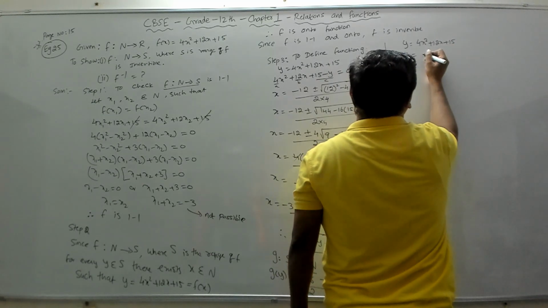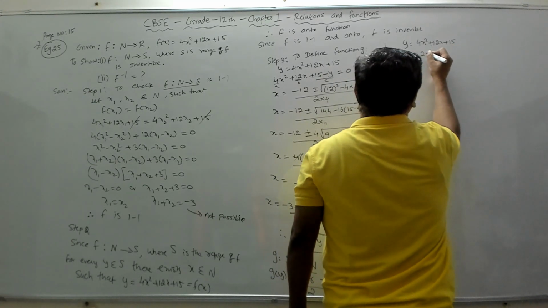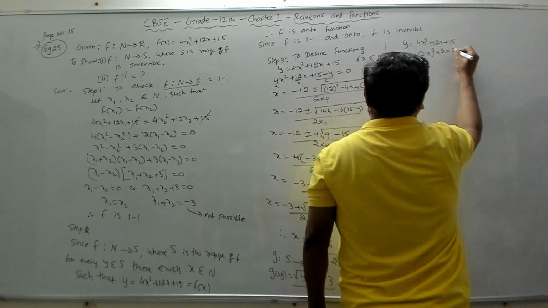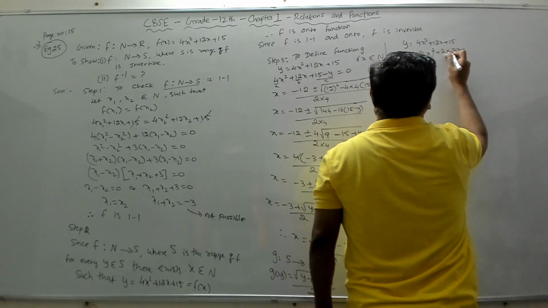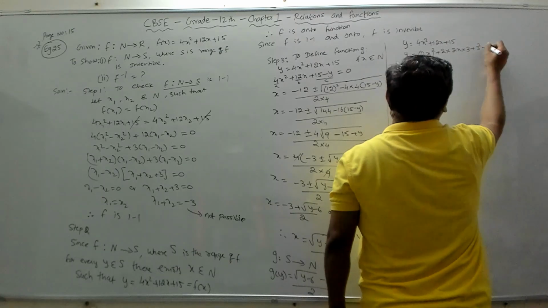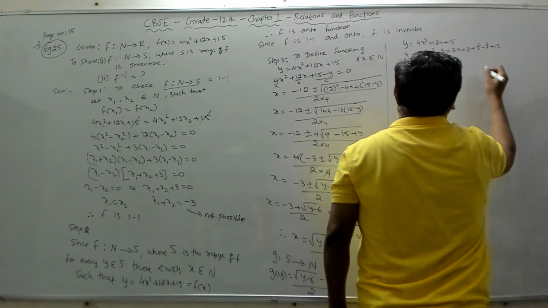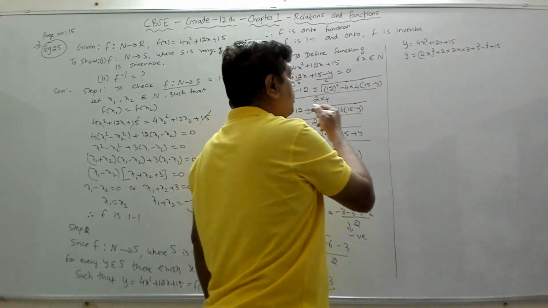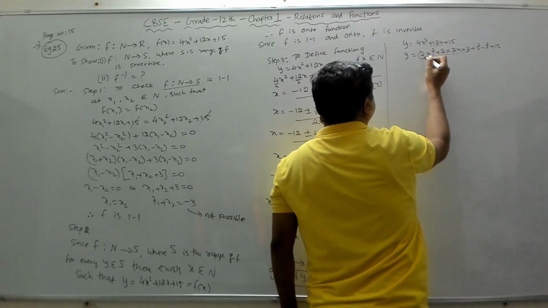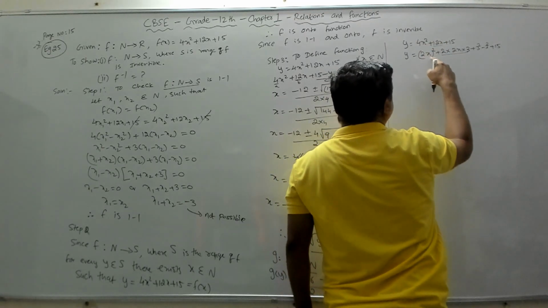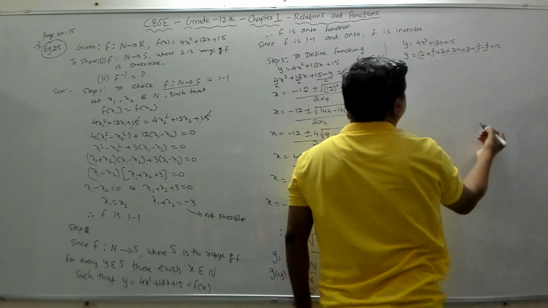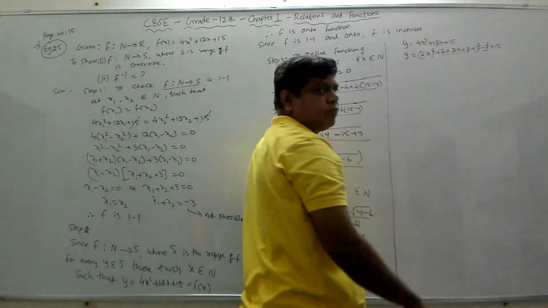So this can be written in the form of 2x the whole square, which is a square, plus 2 into a into b, 2 into 3, plus 3 square minus 3 square plus 15, method of completing the square. 4x square is written as 2x the whole square, 12x is 2 into a into b. Then I am adding b square and subtracting b square. Then this 15 I am writing as it is.